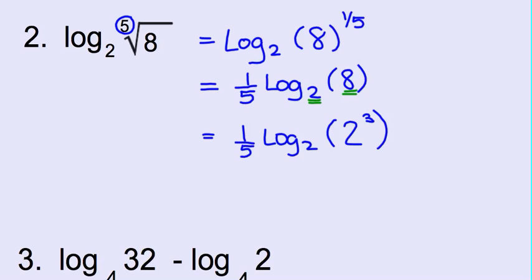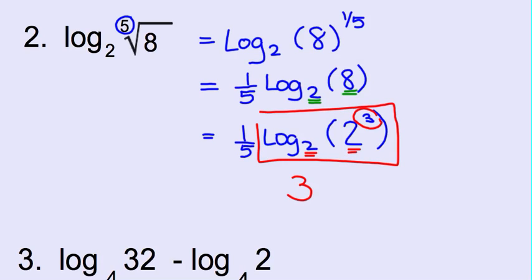Now I can use that inverse property again. I have a logarithm base 2, an exponential base 2, so this whole piece right here now becomes a 3. And then I still have this 1/5. So now I say, what is 1/5 times 3? And that answer is 3 over 5 multiplied.